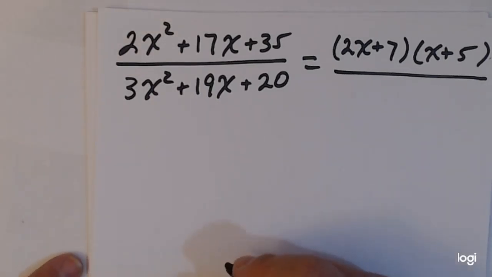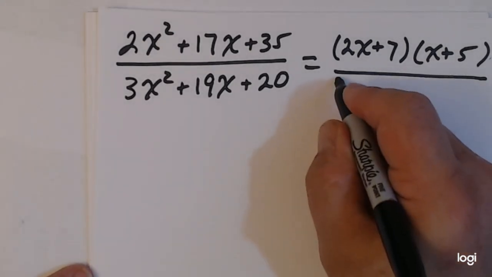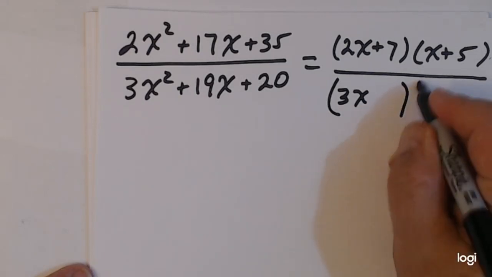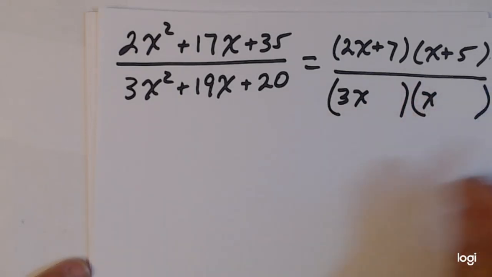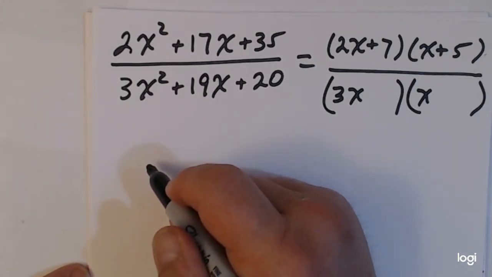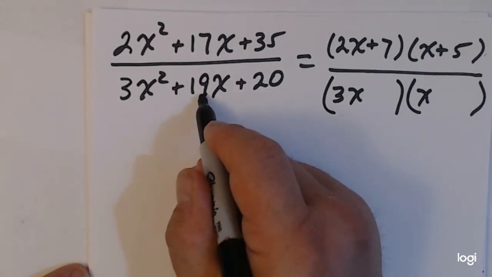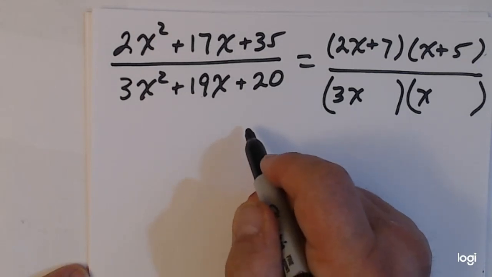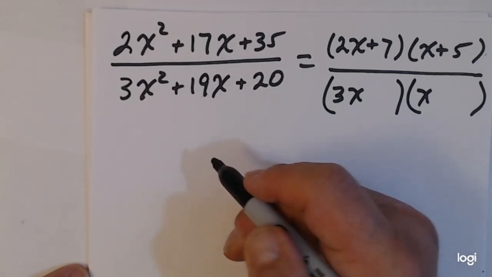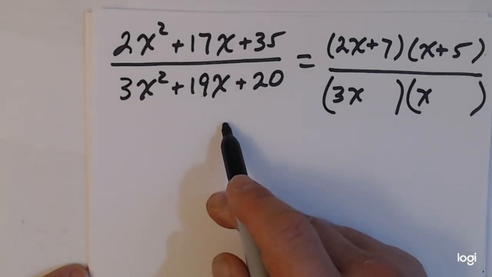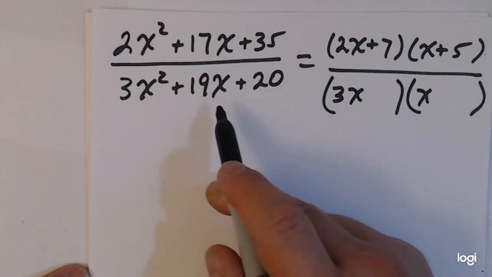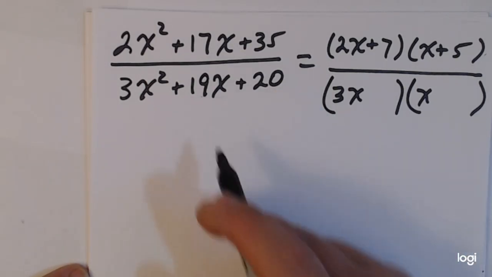Now, down here we're going to have a 3x and an x. That's all we can have here with the 3 as a leading coefficient. We have 19 in the middle and 20 on the end. So two numbers, when multiplied together, give us 20. But it's going to be 3 times something equals 20. And when summed, give us 19.